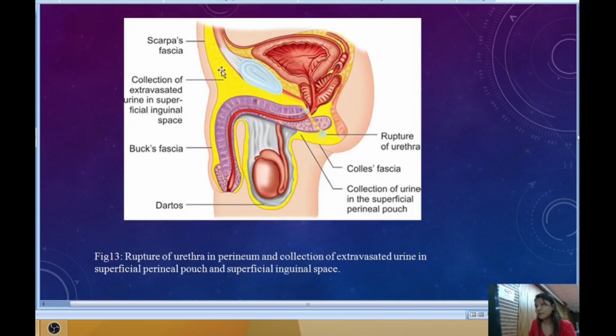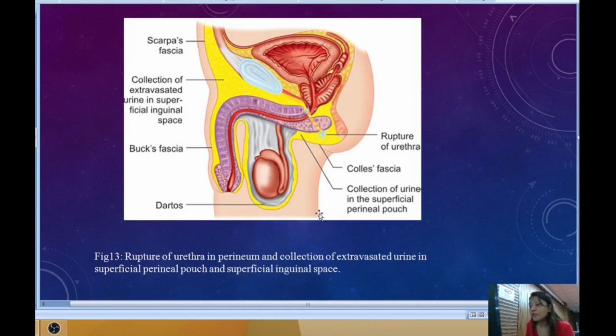This yellow is all the urine. It will surround the scrotum, the penis, the perineum, and the lower part of the abdomen. But mind you, the urine is not going down to the thigh.